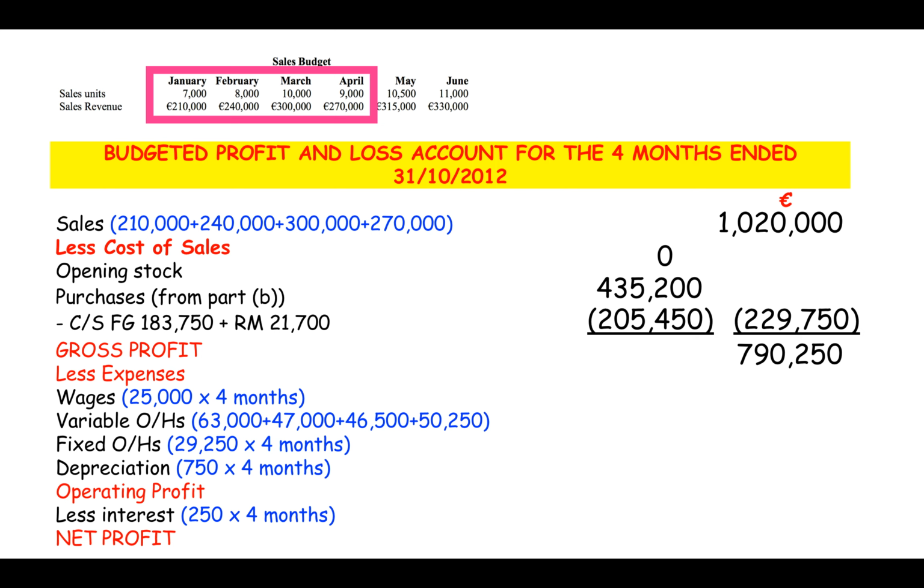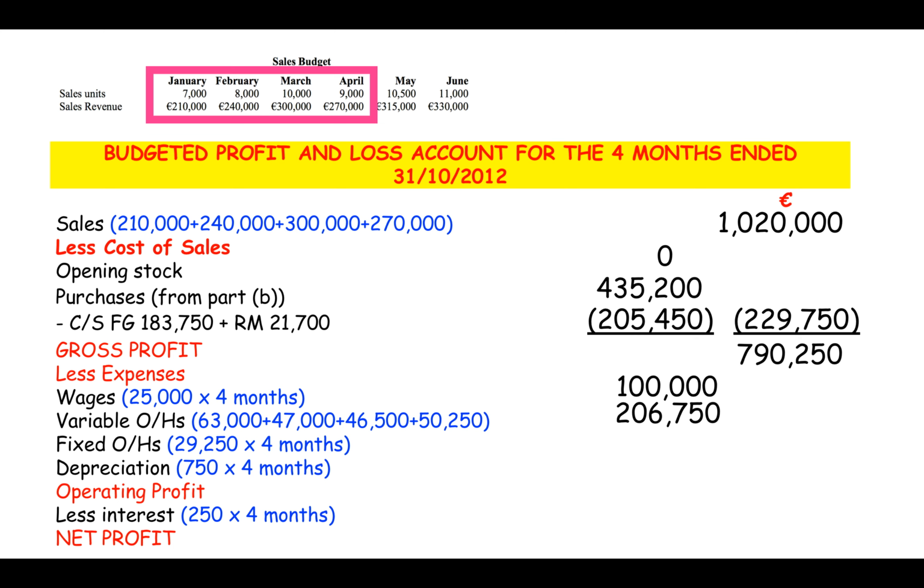So gross profit, 790,250. Then we take away the expenses. The expenses are wages, 25,000 by 4 months, which is 100,000. Then I have the variable overheads, so 63,000 and 47,000 and 46,500 and 50,250 is 206,750.